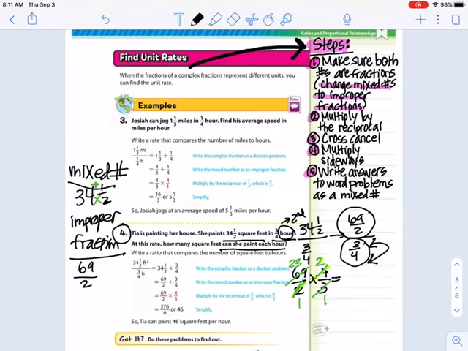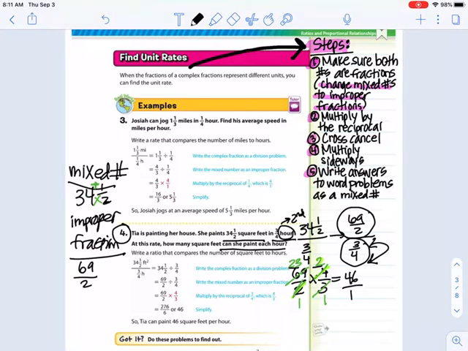Now that we have cross-canceled, that was step 3. Step 4, just like yesterday, is to multiply sideways. So we're going to multiply 23 with 2, which gives us 46. And then on the bottom, we have 1.